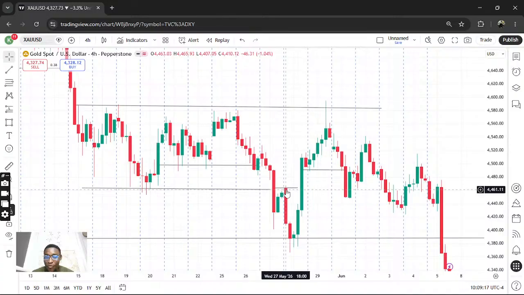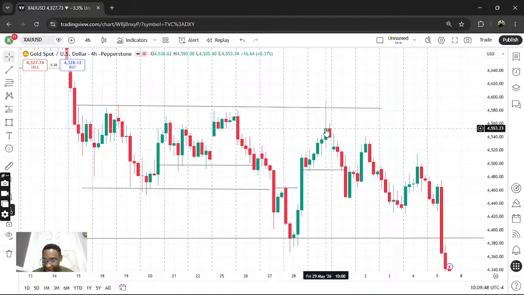But what many traders failed to understand is this particular wick that was created here. When this particular candle was produced, it moved up to this level, took out this particular high. It means buyers wanted to continue going up, and then sellers pushed it down and it closed at this level.